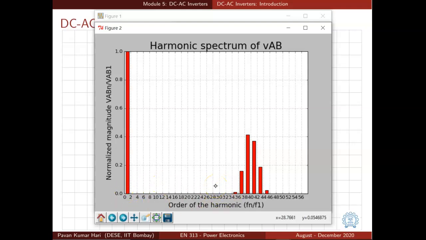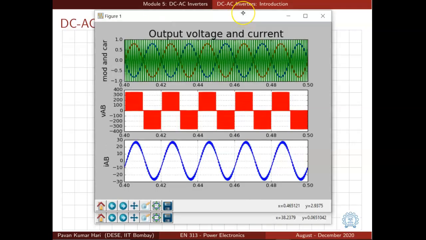So the impedance offered by the inductance is 40 times that offered at the fundamental frequency. So our current is almost a sinusoid. So this is how we can switch a single phase voltage source inverter in different methods to achieve better and better quality of output voltage and current waveforms.